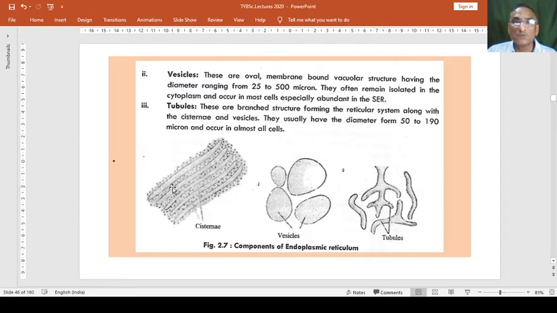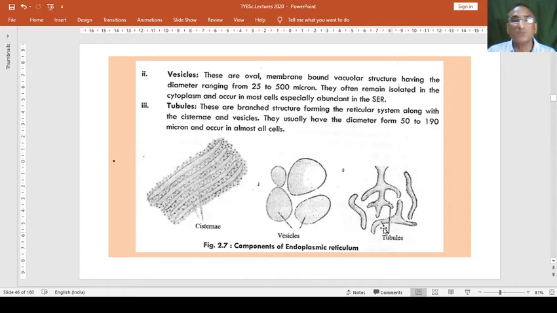If we remove all the granules or ribosomes, then it will be smooth endoplasmic reticulum. And these dotted, ribosome containing cisternae are called rough endoplasmic reticulum. This is the difference between RER and SER. So this is about cisternae and vesicles.